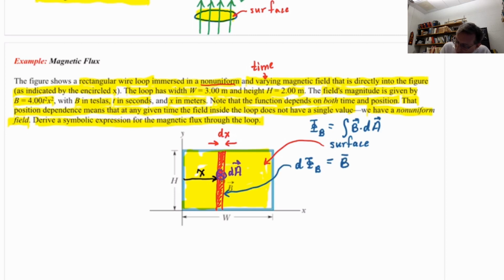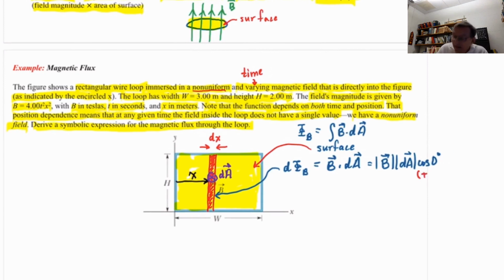That you would get by doing the calculation B dot dA. And so that's a dot product. Don't skip any steps. That means magnitude B, magnitude dA, cosine of angle between B and dA. They're both into the screen, so that angle is 0 degrees. The cosine of 0 degrees is plus 1.